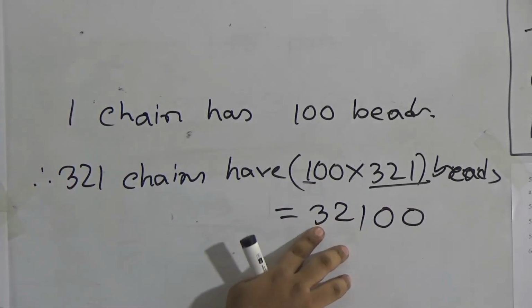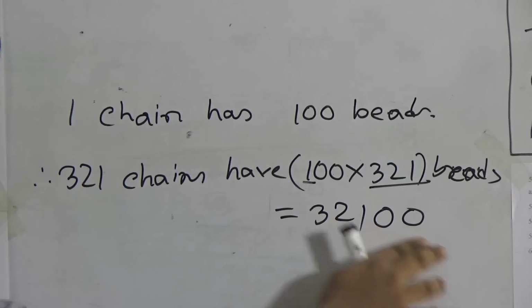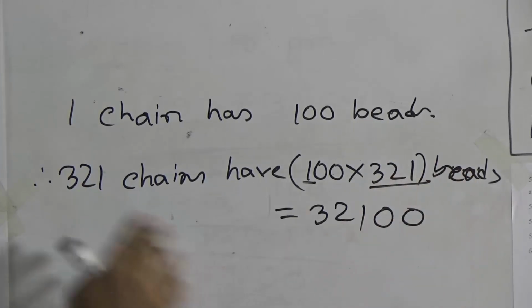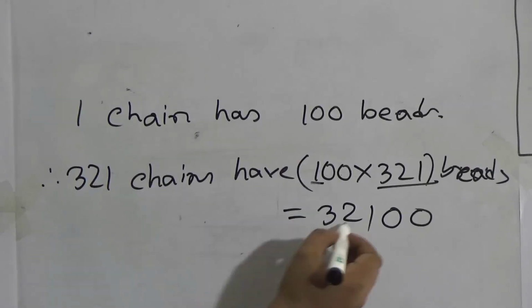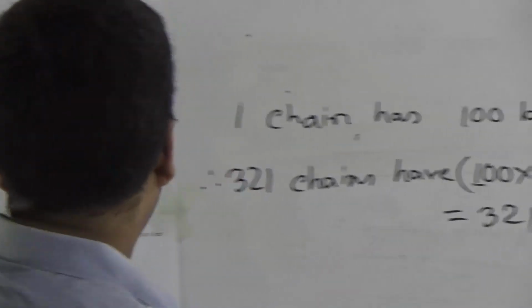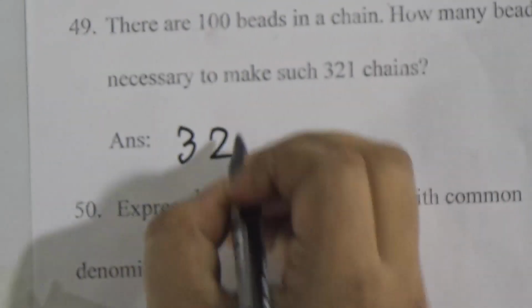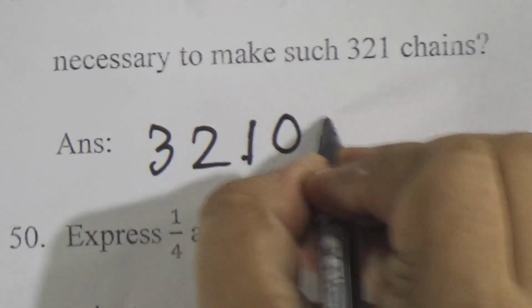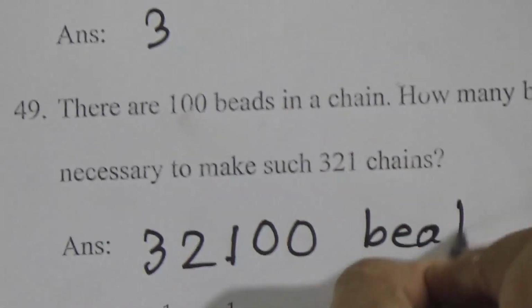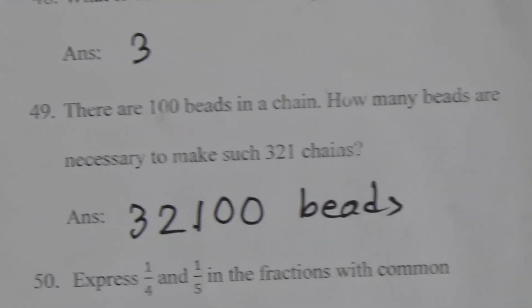So 32,100 beds are needed to make 321 chains, and the answer is 32,100. So we write 32,100 beds. I hope you have understood.